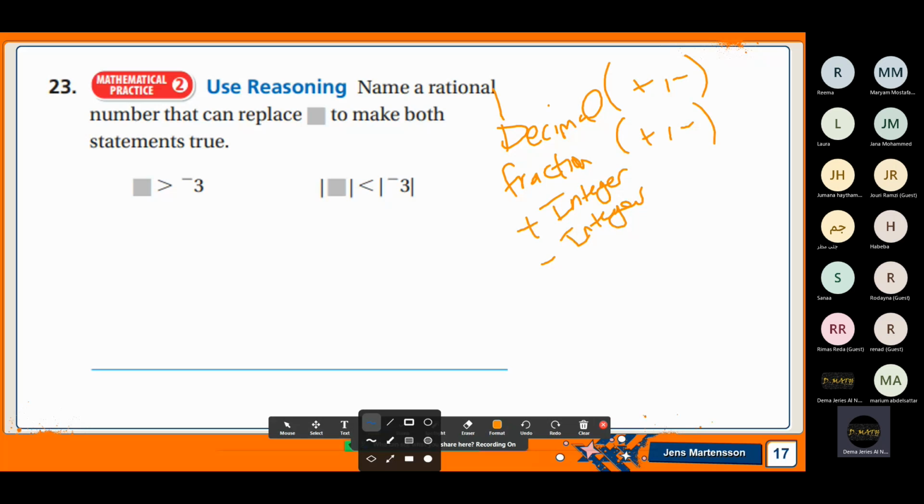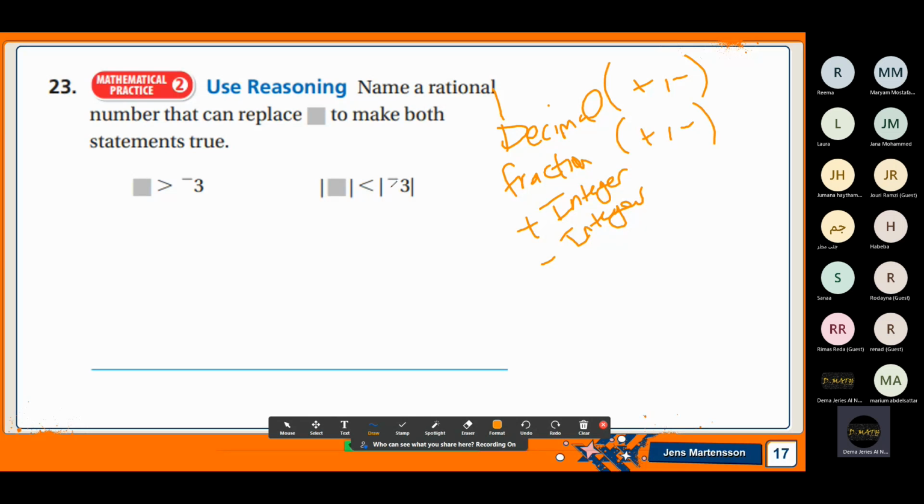The fraction too. Now, I want you to give me a rational number that can replace it here to make both statements true. A rational number that is greater than -3 and its absolute value is less than the absolute value of -3.